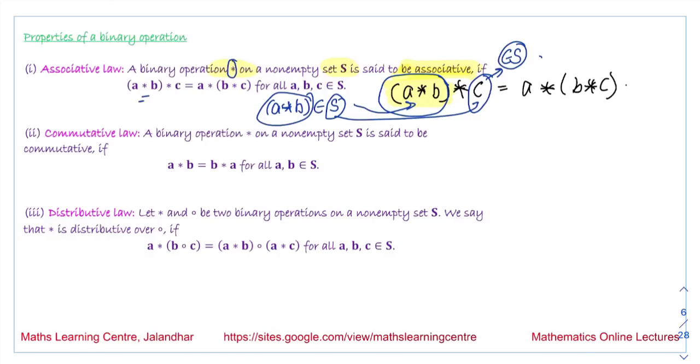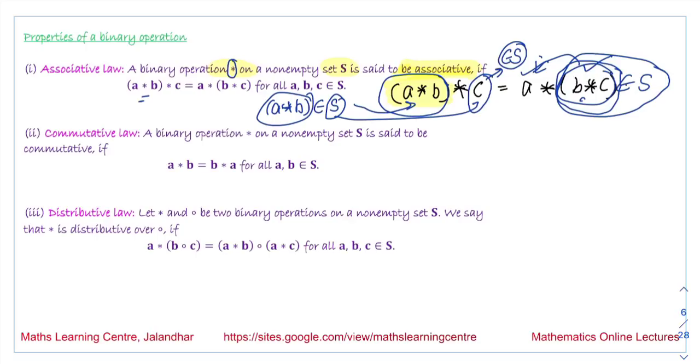The other way to solve this is that first we perform the operation B star C, and whatever answer we obtain will belong to S. Then we apply A star to this element, and we again obtain the answer in the set S.